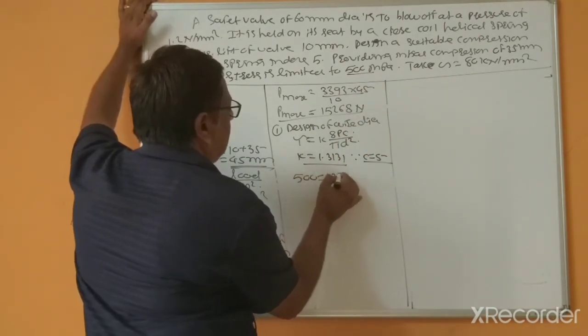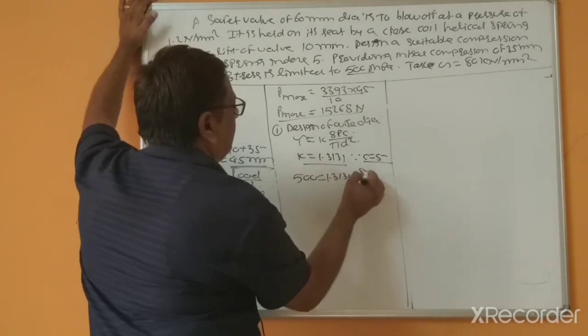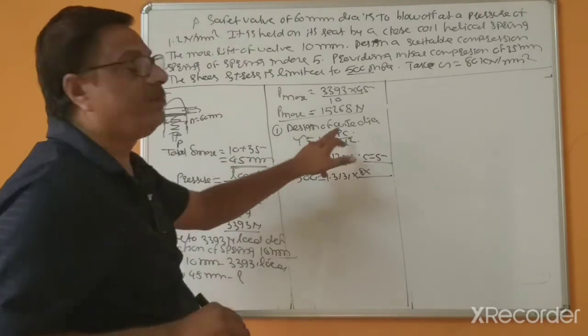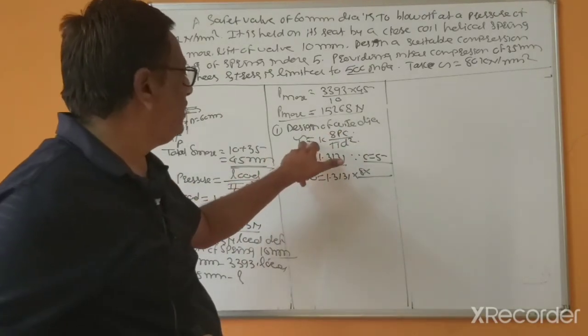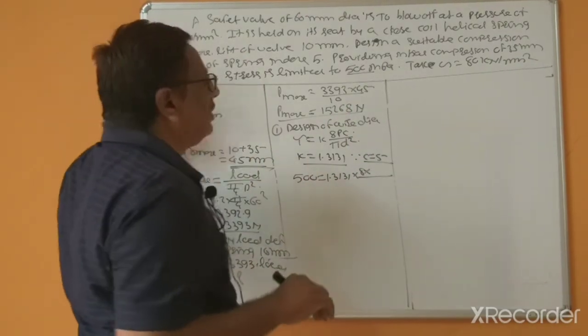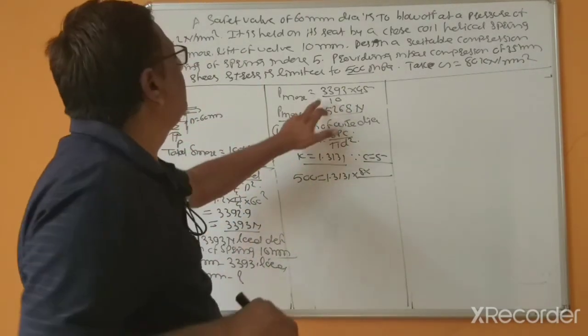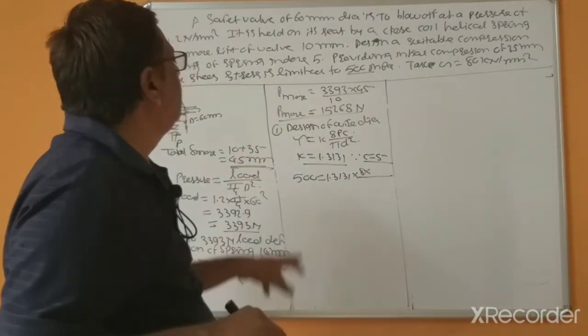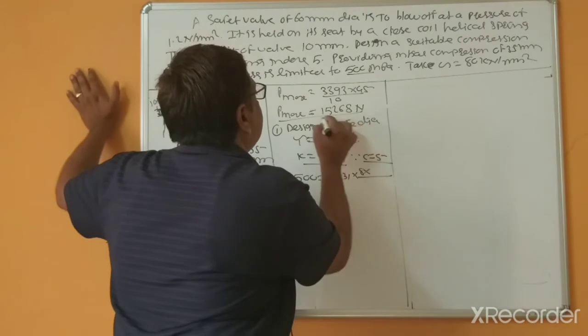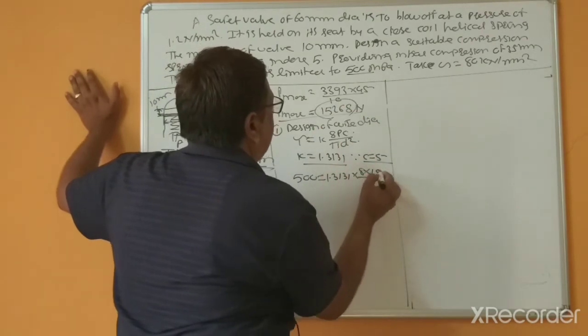Here the maximum load is to be considered, because this is as per the shear stress consideration. If we take 3393, that is wrong, because we must design the spring for the maximum load. This is very important, otherwise your problem may be wrong.